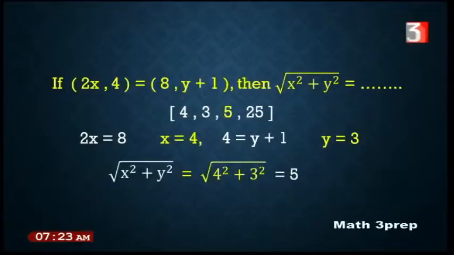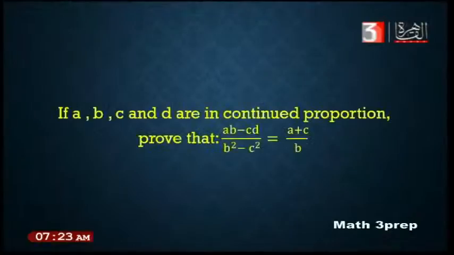Another example. If a, b, c, and d are in continued proportion, prove that (ab minus cd) over (b to the power of 2 minus c to the power of 2) equals (a plus c) over b.